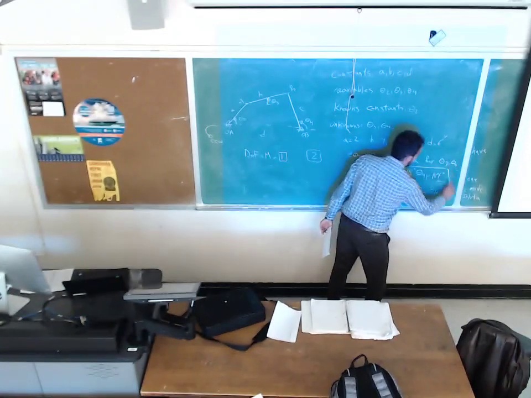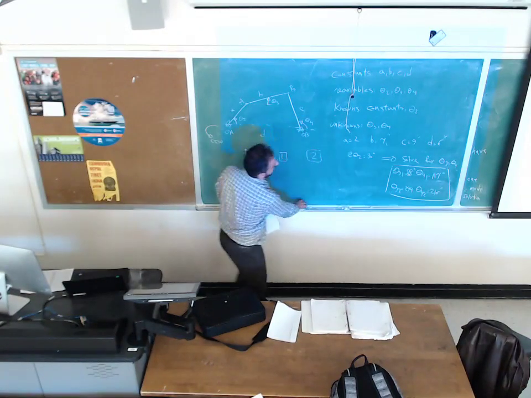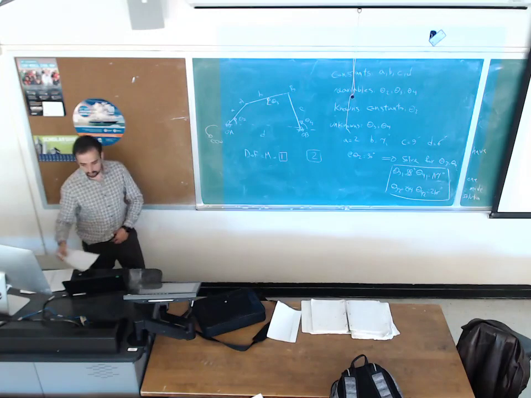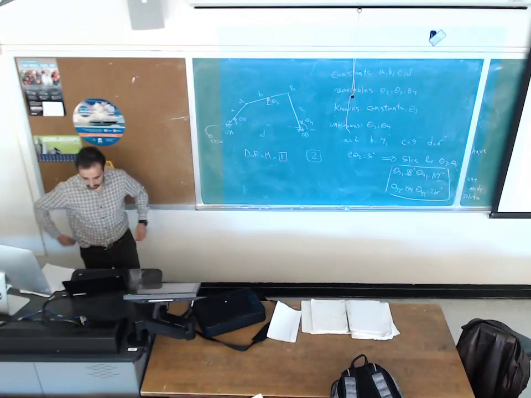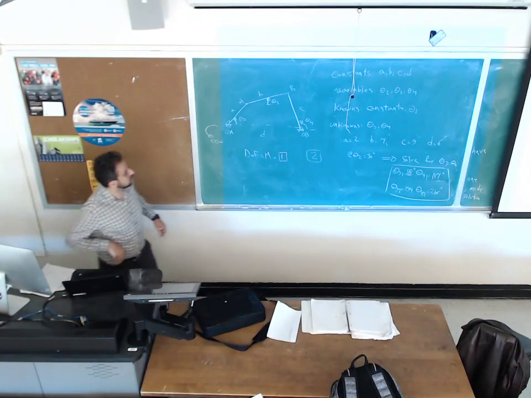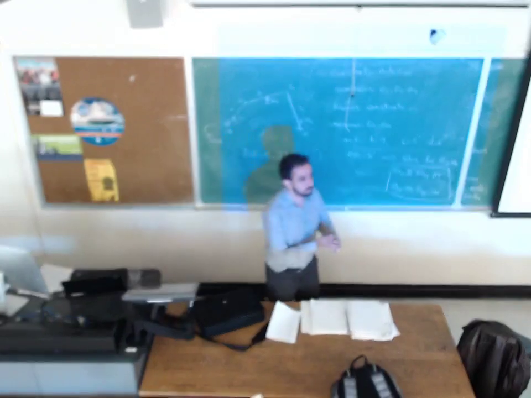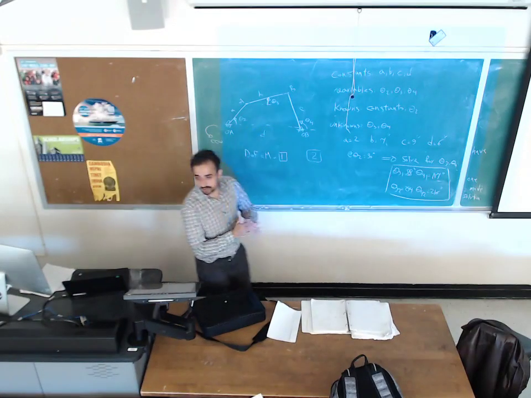Two modes, meaning that the circles have two intersections. Any question before we move on?